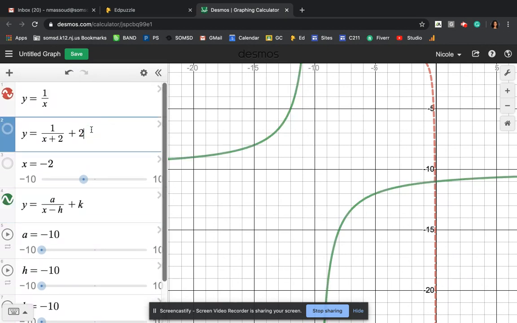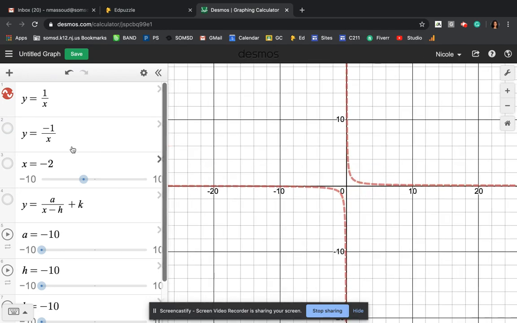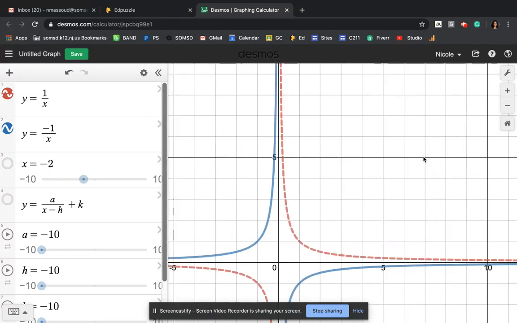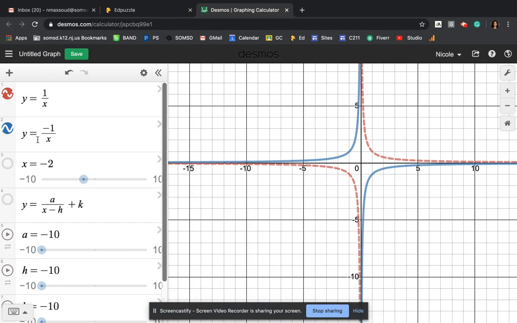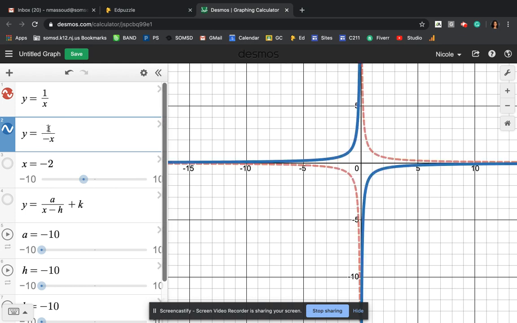So here's my function. So just understanding what each thing is going to do. Now, I just want to add, we already saw what happens when I turn this value negative, right? If I make 1 negative, it flips over the x-axis. What happens if I make x negative? It does the same thing.